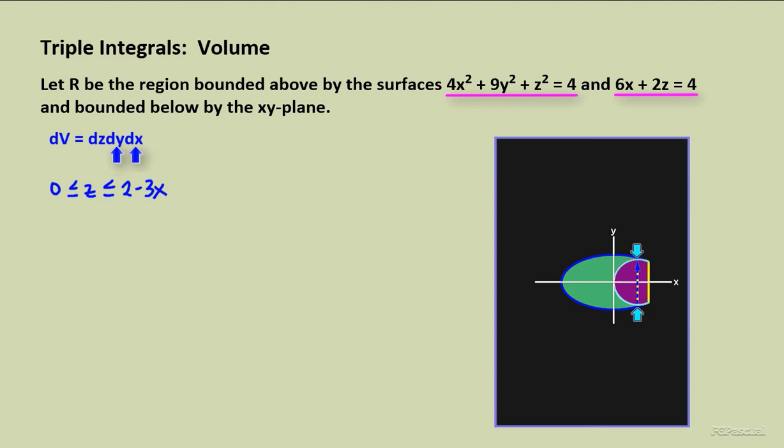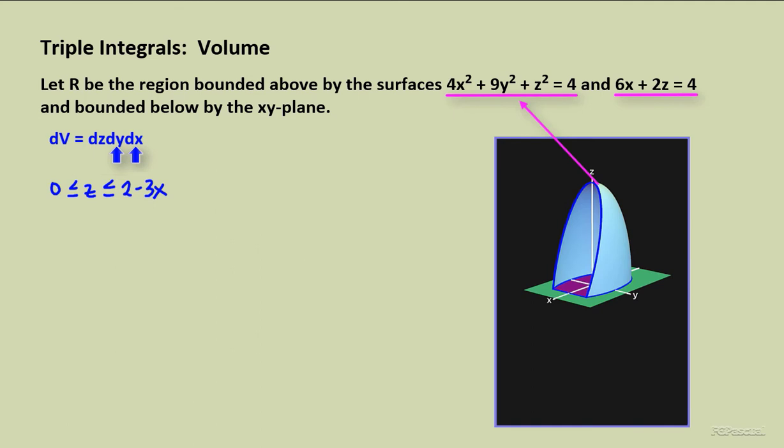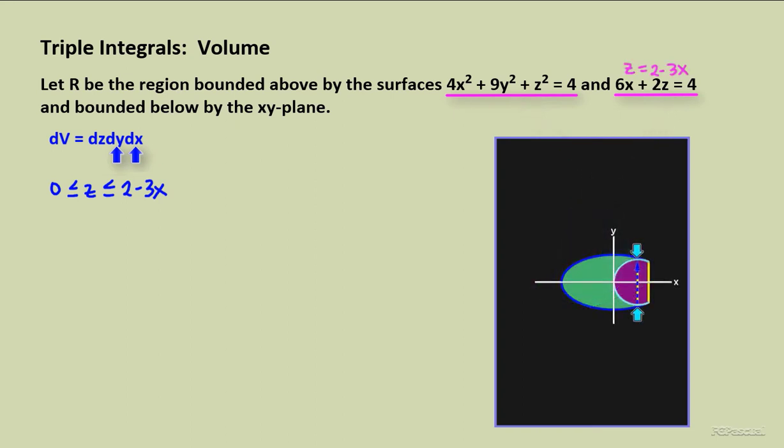Recall that the upper and lower curves combined is the projection of the seam intersection between the ellipsoid 4x squared plus 9y squared plus z squared equals 4 and the plane 6x plus 2z equals 4. On the plane, we had solved for z and found that z equals 2 minus 3x. Because the upper and lower curves have their origins on the intersection between the ellipsoid and the plane, we get rid of z in either the ellipsoid equation or the plane equation.